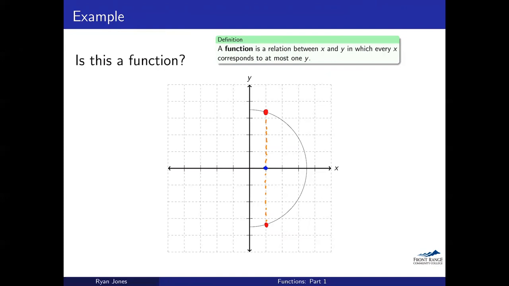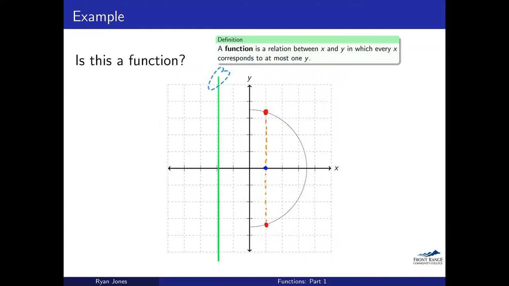Let's do this in a big bright green. So we pretend that there's a vertical line here. Let's make that straight. And what we do with this vertical line is we move it straight across the graph from left all the way to right.